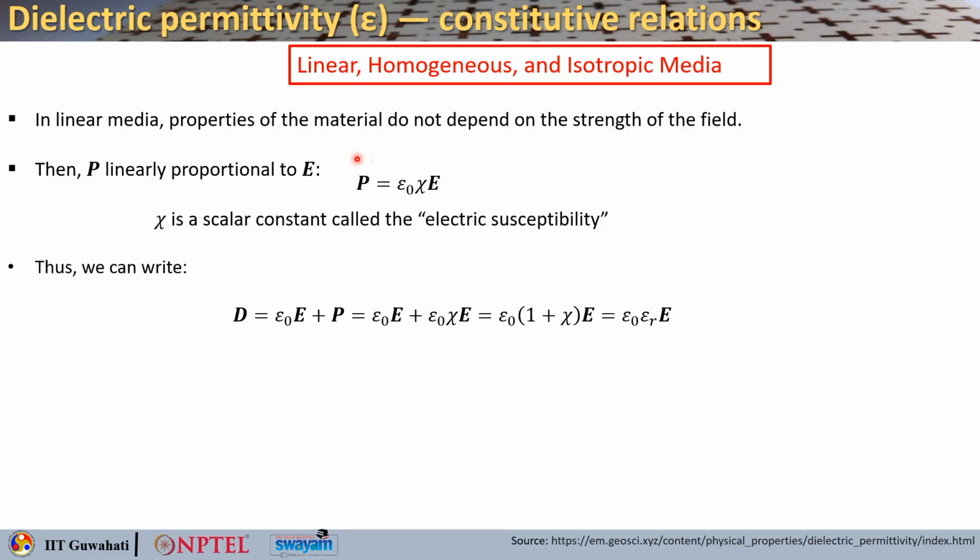So how you can express your displacement field from here? So D can be written as epsilon naught E plus P. So P you can replace as this particular equation, epsilon naught chi E. Chi is, as I told, electric susceptibility. So you can take epsilon naught common, you get 1 plus chi. So this 1 plus chi is nothing but your epsilon r, the relative permittivity that we all know.